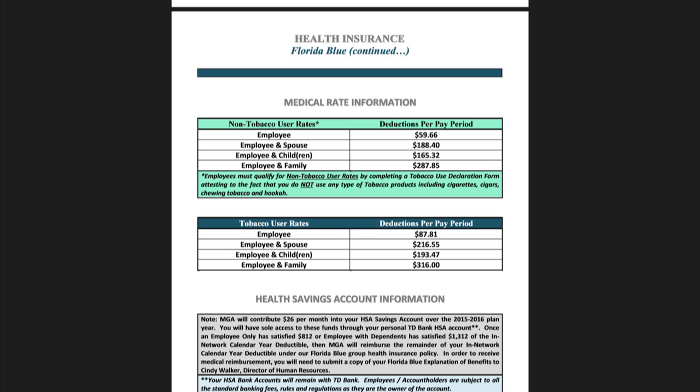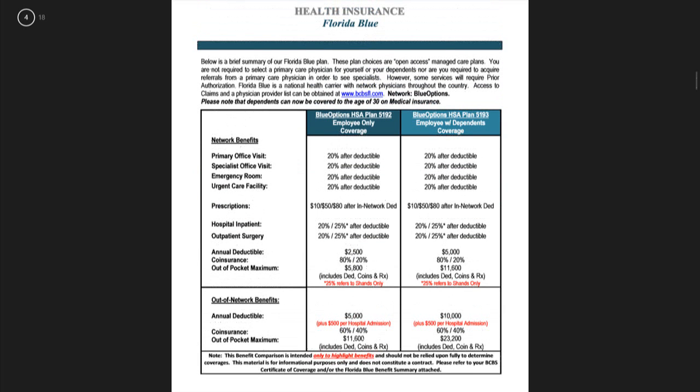But before I move on to the next benefit, here are some key reminders for the group health insurance plan. To maximize your health benefits, you and your family should look to receiving medical services from a participating Blue Options provider. In-network providers cannot charge more than the negotiated allowable amounts as agreed to with Florida Blue.